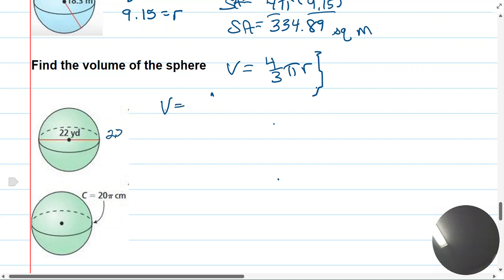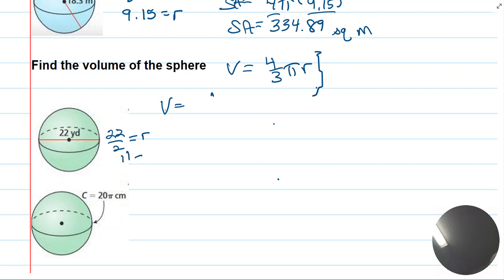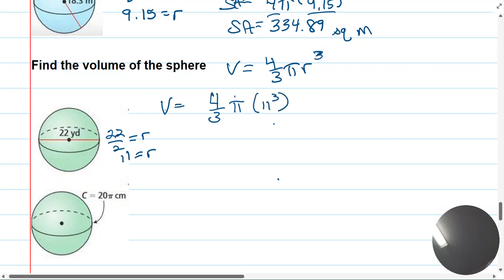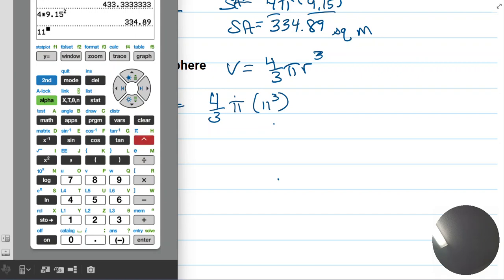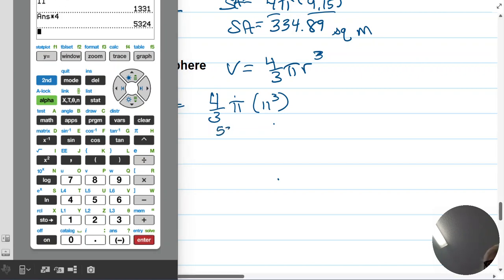So we're going to have 4/3 pi, and the radius is 11 cubed. 11 cubed is 1331. 1331 times 4 is 5324 over 3 pi, or that number divided by 3, which gives us 1774 and 2/3 pi.